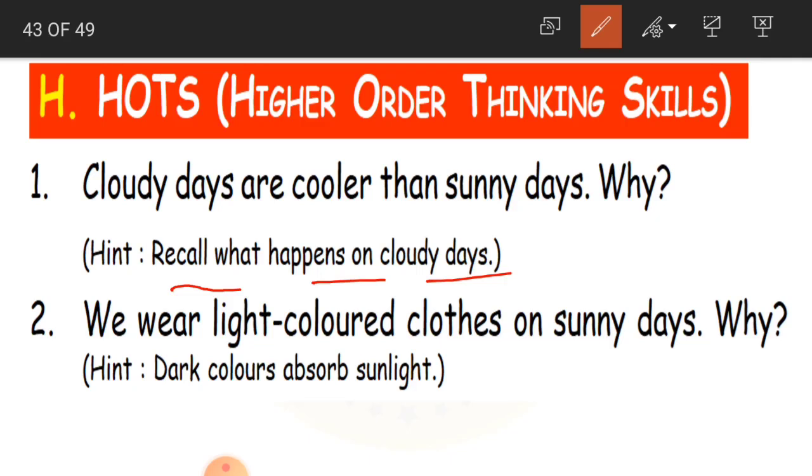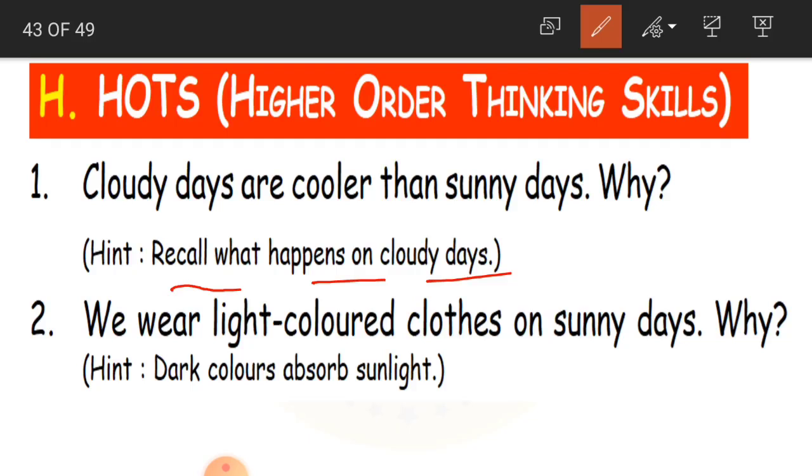The clouds are going to cover the sun, so the sun rays will not be able to pass through that particular place. Because of that the weather will be cool, because there is no sun. When the sun is not there, there is no heat. When heat is not there, then definitely the air will be cool. So this is the reason.